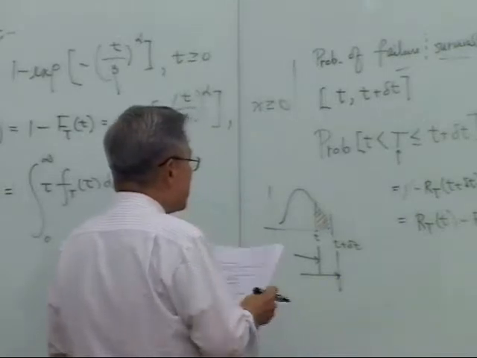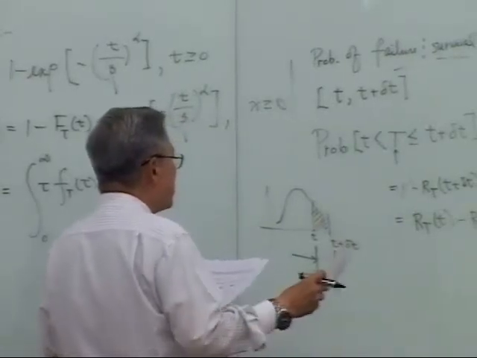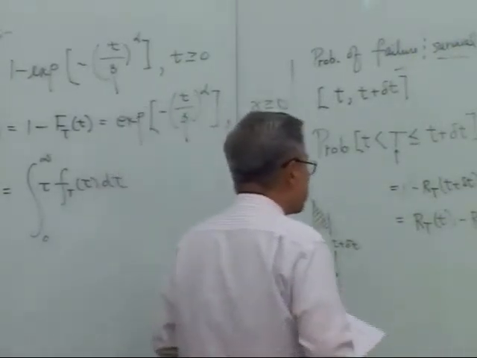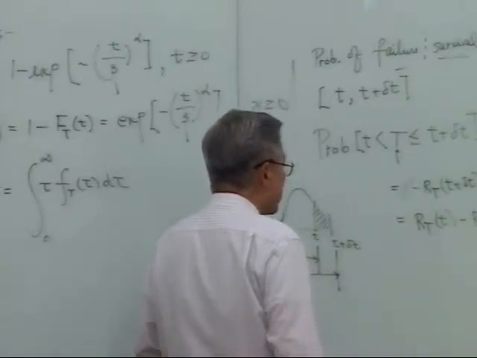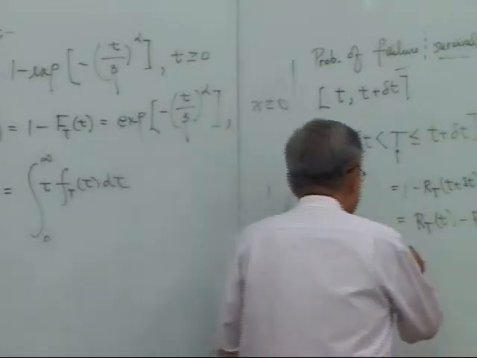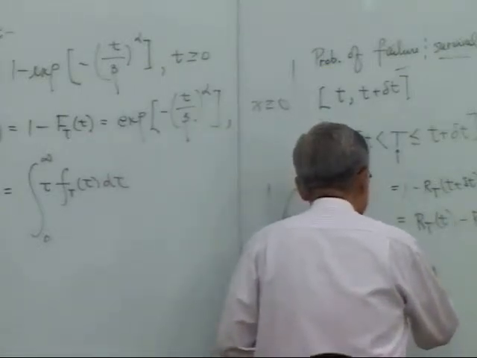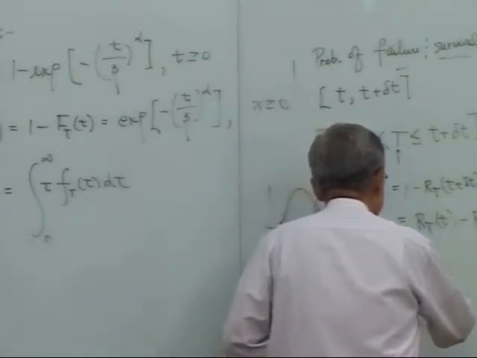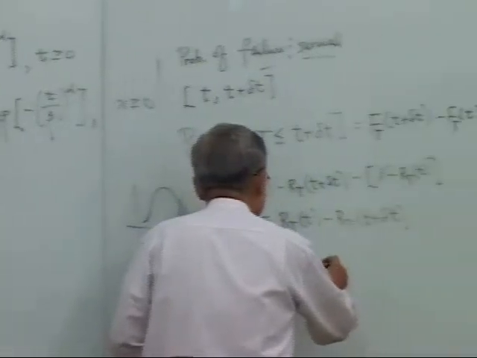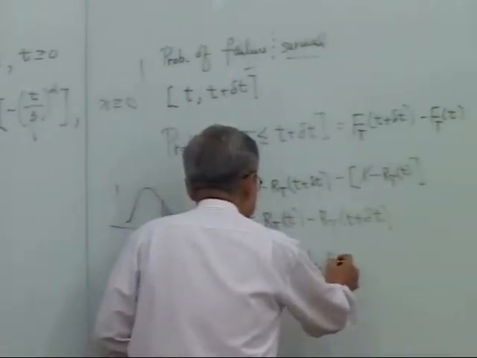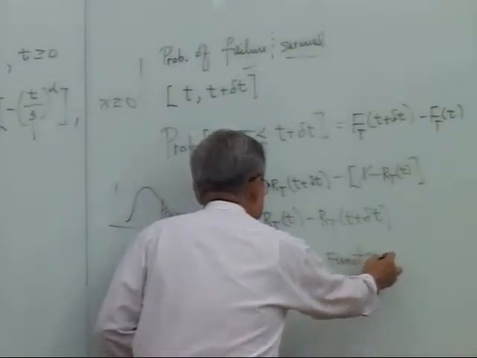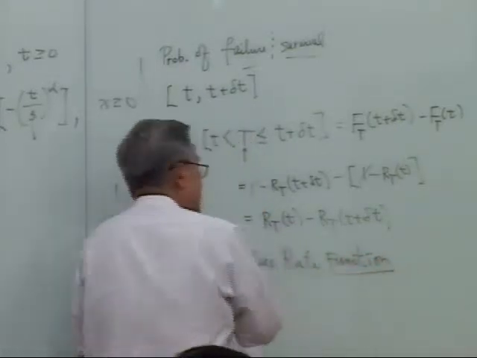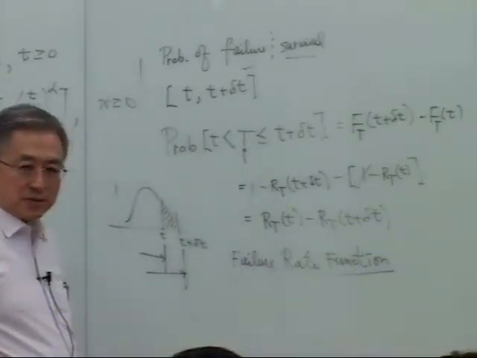And then in the processing probability or reliability, you deal with the failure rate, let's say, function. So the failure rate function, like a bathtub curve.